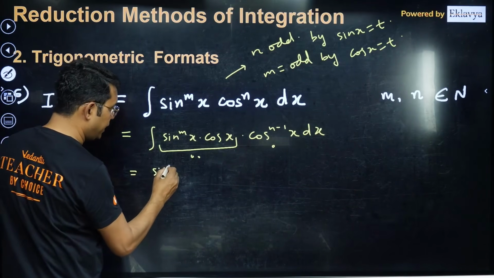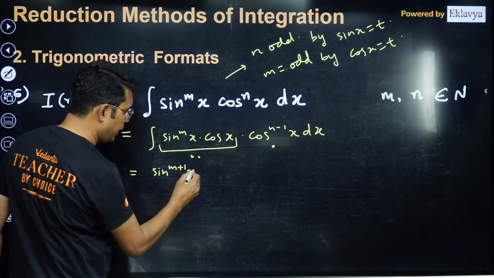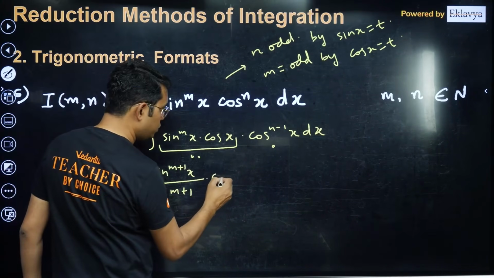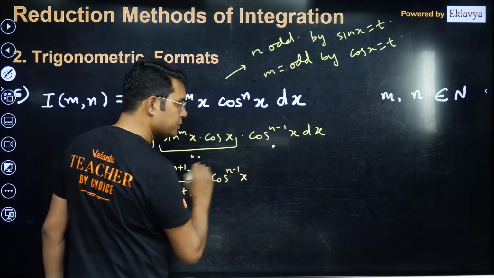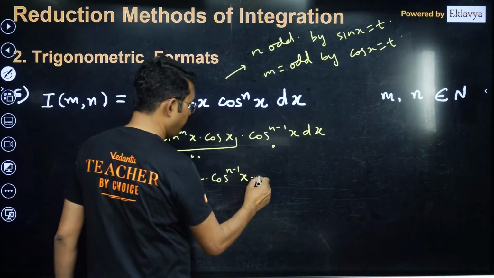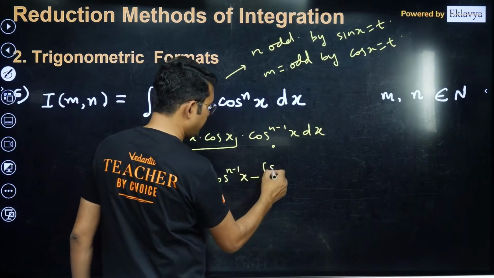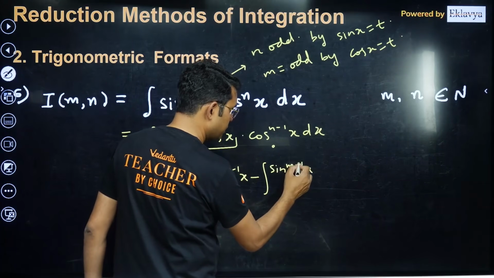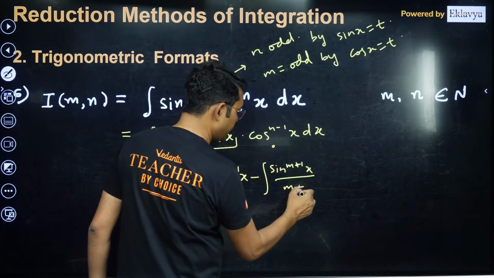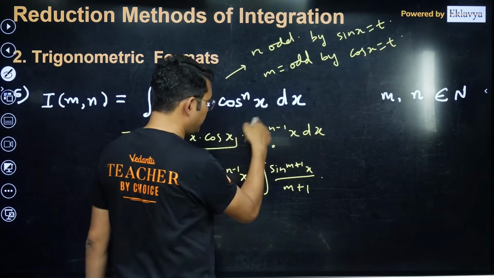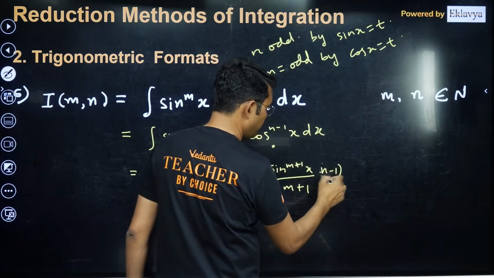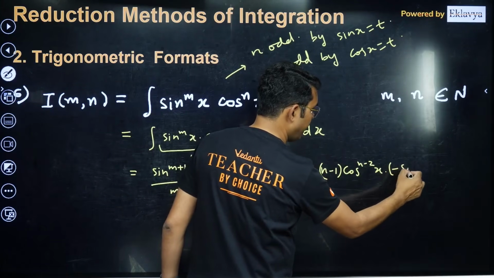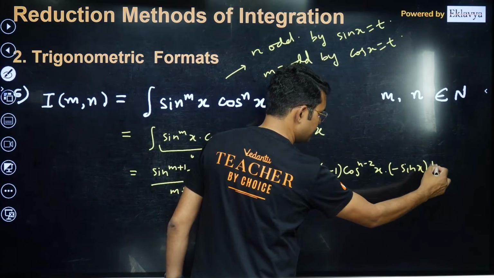In fact, I can write it directly: sine power m plus 1 x upon m plus 1, into cos power n minus 1 x, first function as it is, minus the integration of this thing, that is sine power m plus 1 x upon m plus 1, and its differentiation would be n minus 1 into cos raised to the power n minus 2 x into minus sin x dx.